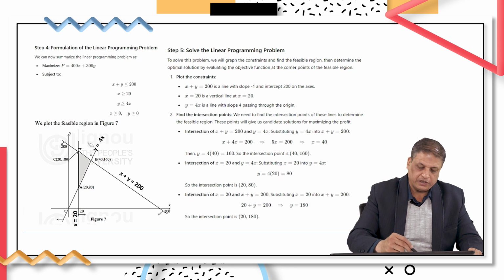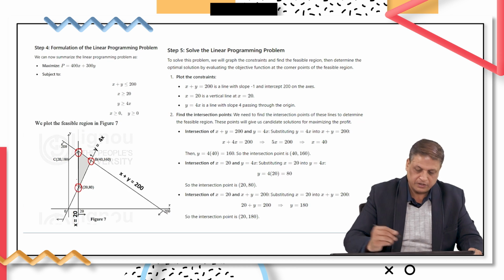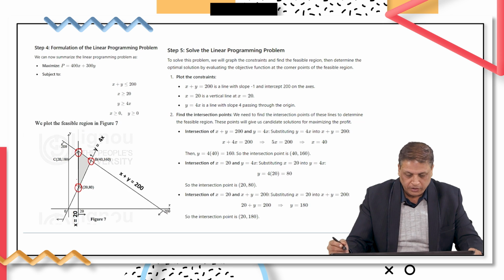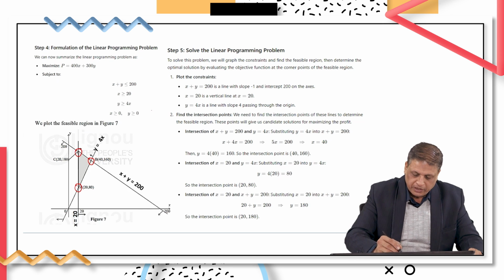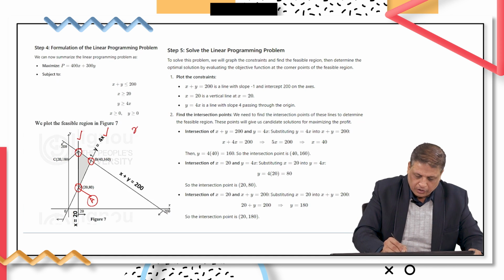Now, in the feasible region we are supposed to find the points of intersection, that is, we need to find the intersection points: this, this and this. By solving the equations, say we want to find point A. In order to find point A, you need to solve this equation and this equation, that is, the intersection of x is equal to 20 and y is equal to 4x.